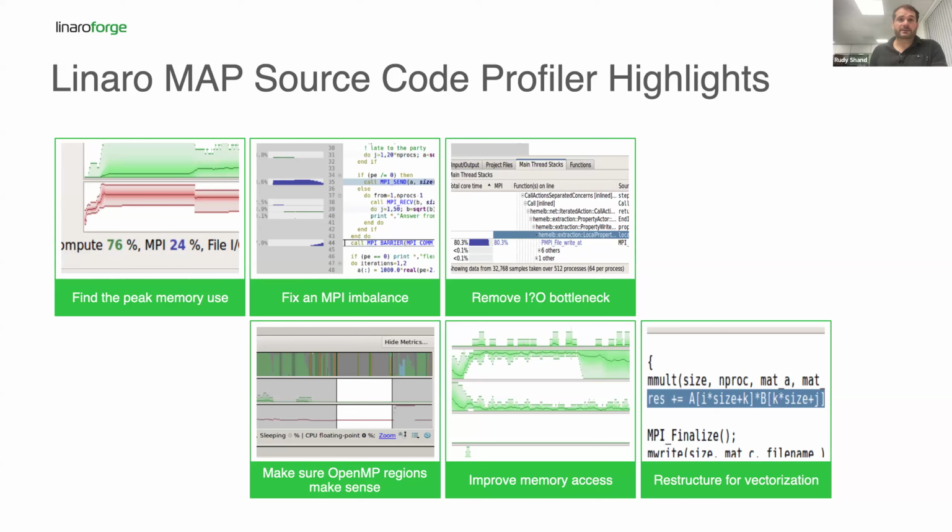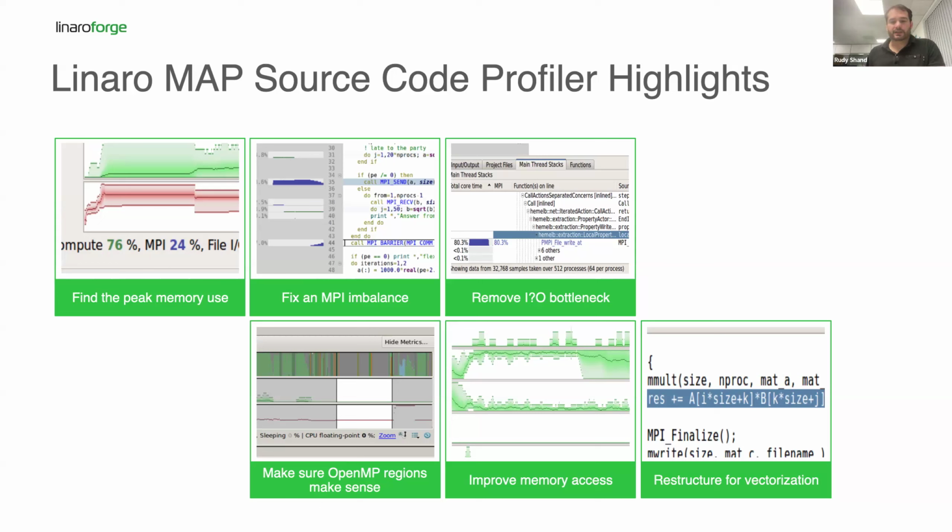You can also look at imbalances with MAP. If there are some processes on an MPI barrier, and the time spent in the barrier is quite high, that usually means that some of the other ranks are taking a bit longer, and so those processes have to wait for them to finish. That's a good indication that there could be imbalance in your application.